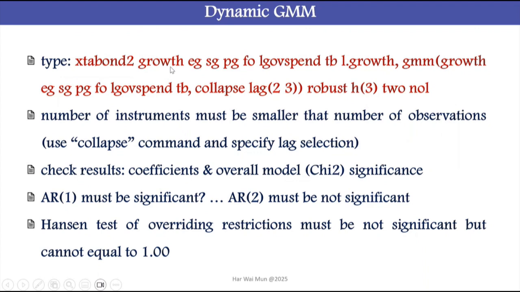Growth is your dependent variable. So why do you want to run the dynamic GMM? Because the past of Y also affects the growth. Sometimes they call this the hysteresis phenomenon. Inflation is usually the example: past inflation will also cause inflation.